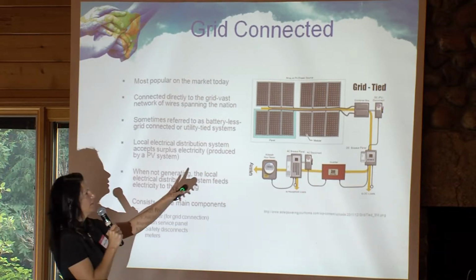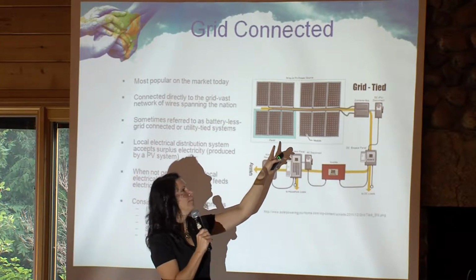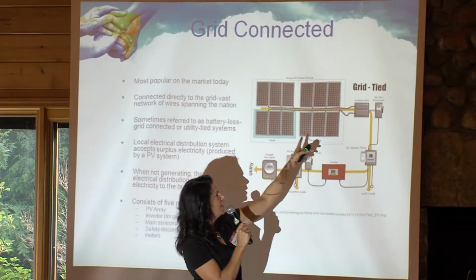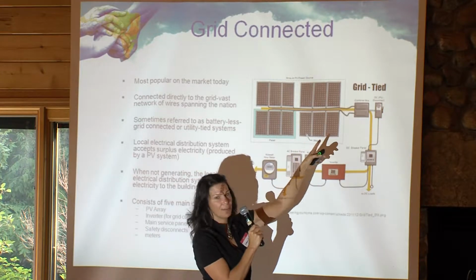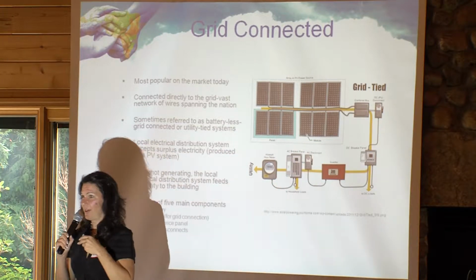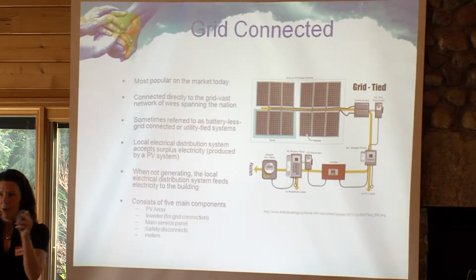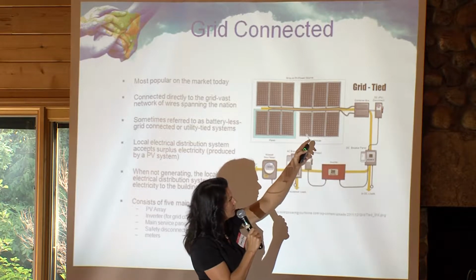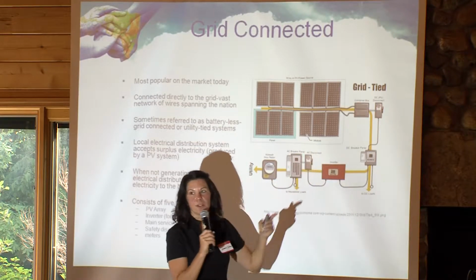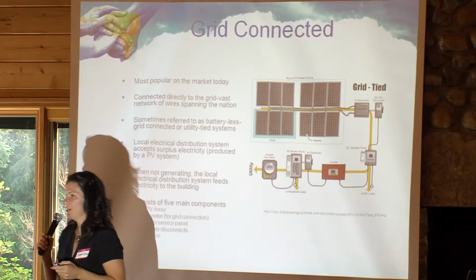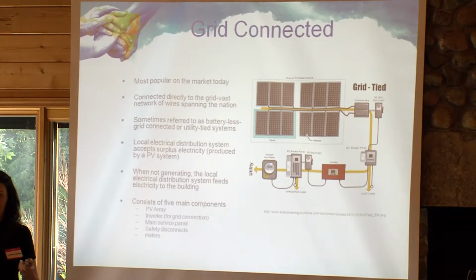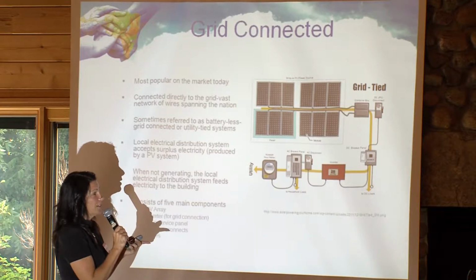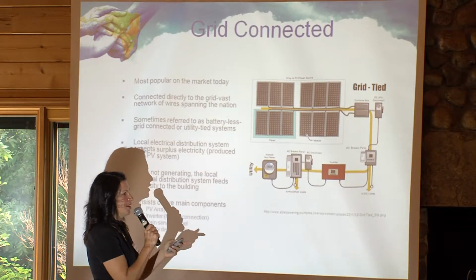Essentially, what you have is your solar array, whose wires are connected through conduit to a combiner box, which combines all of the wires from the various runs of your solar array. And then we have what's called your inverter, which converts your DC energy, the electricity that the solar panels generate, to AC energy.